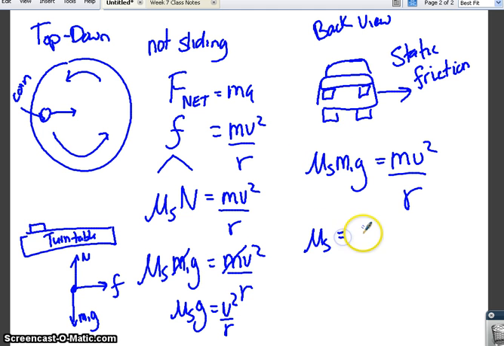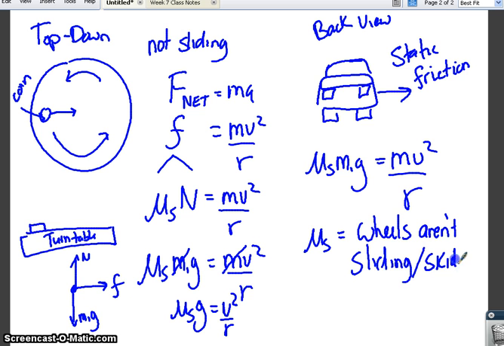It's static friction because the wheels aren't sliding or skidding. So these wheels aren't sliding, they aren't skidding, therefore it's still static friction. If they were sliding or skidding, we would use kinetic friction, but that's a whole other ballgame. We're not going to get into that right now.